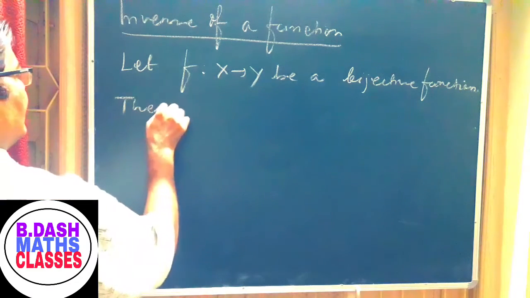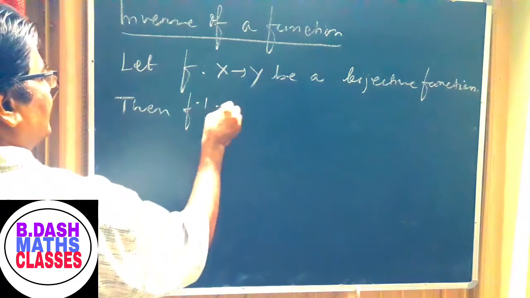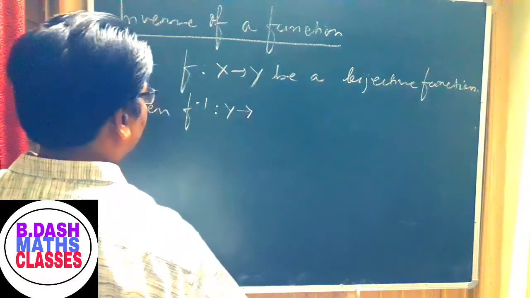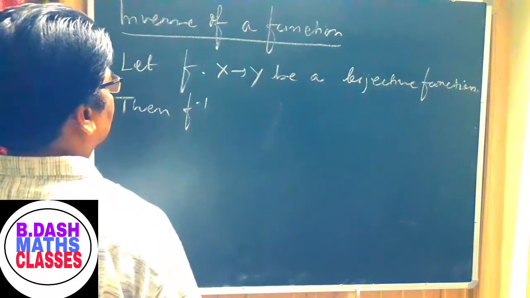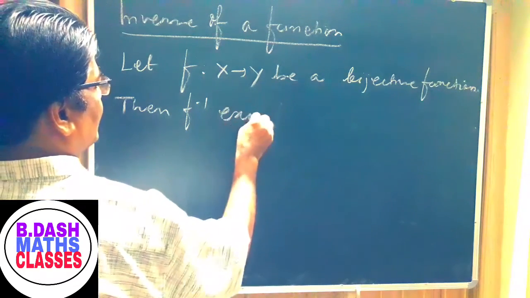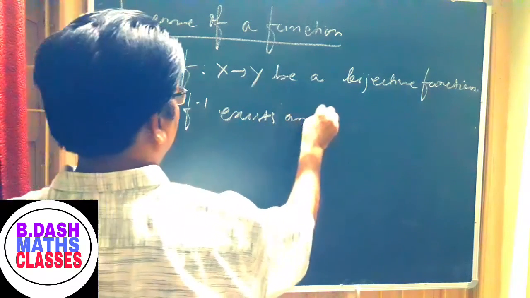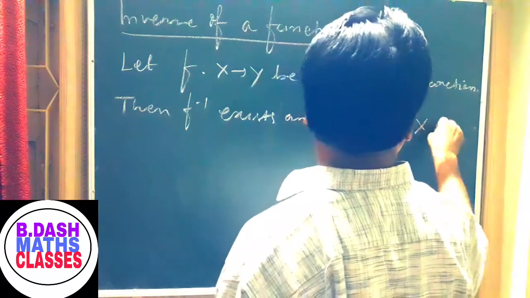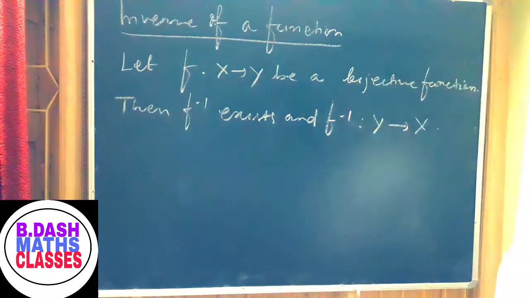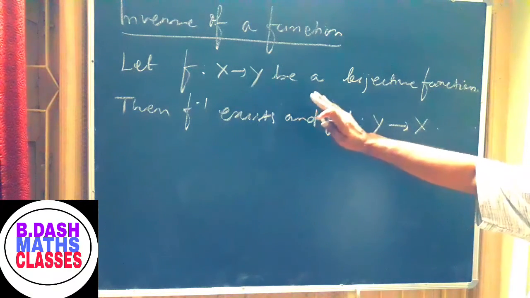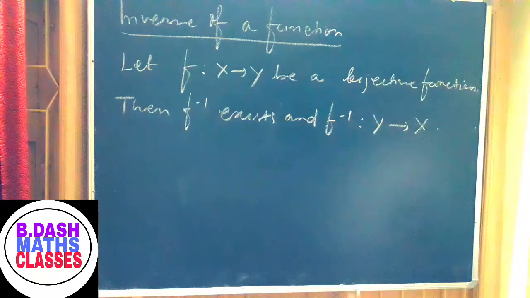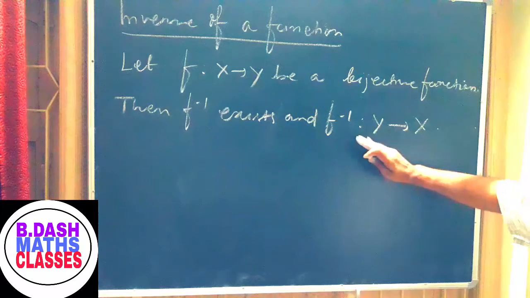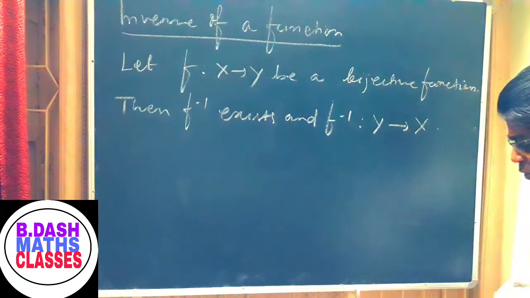Then f inverse exists, and f inverse will be a function from Y to X. So if f is a function from X to Y which is bijective, then the inverse of this function, f inverse, exists and it will be a function from Y to X.